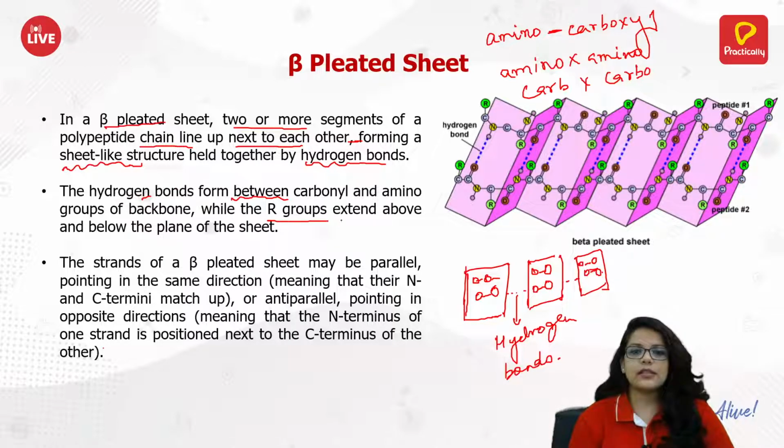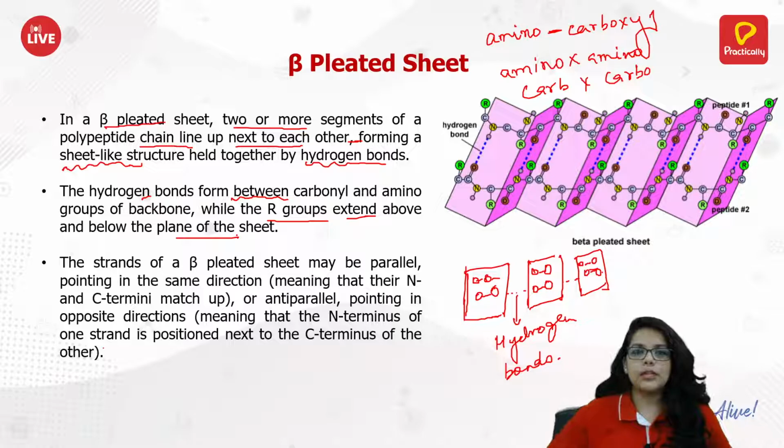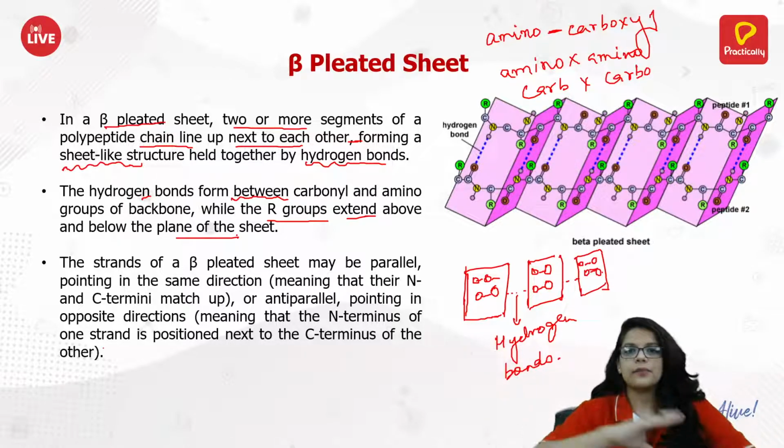The R groups extend above and below the plane of the sheet. R group will always be outside, be it beta pleated sheet or alpha helices.